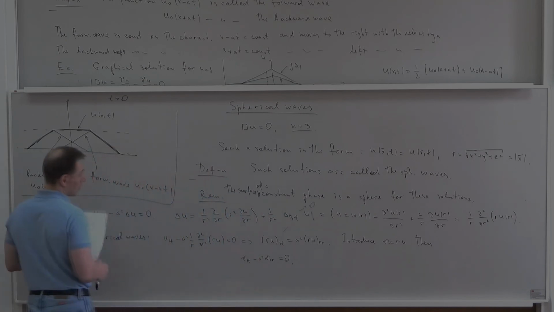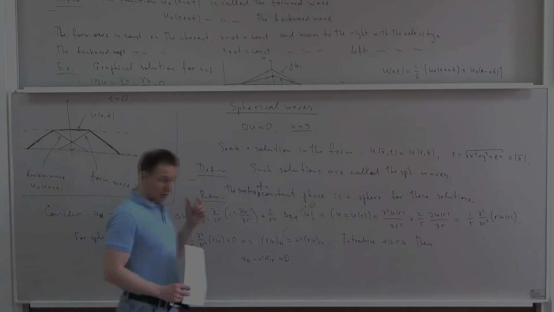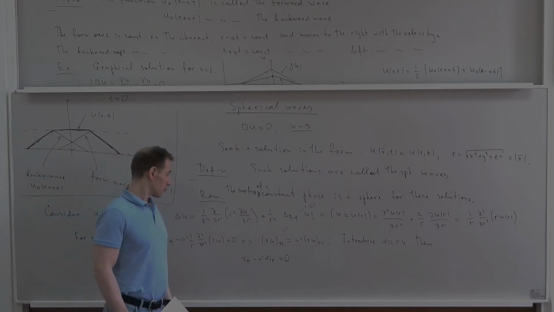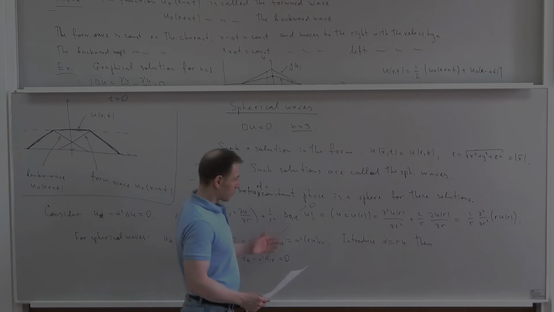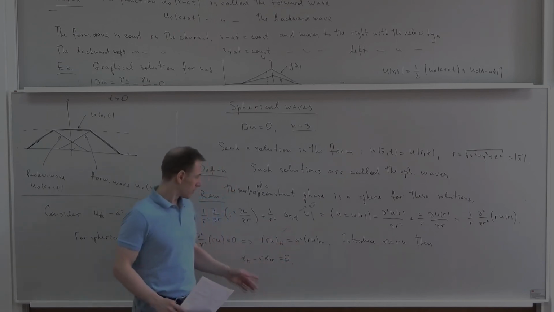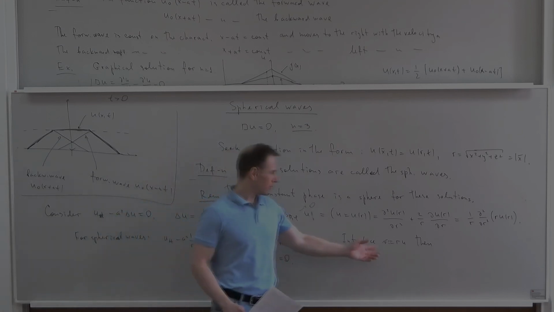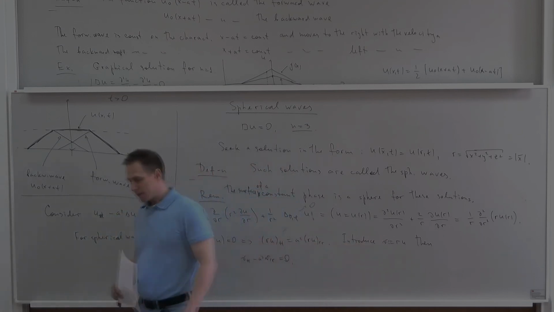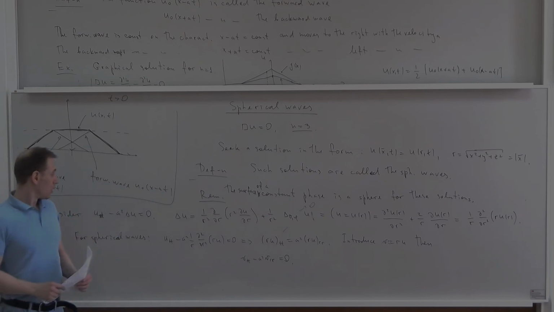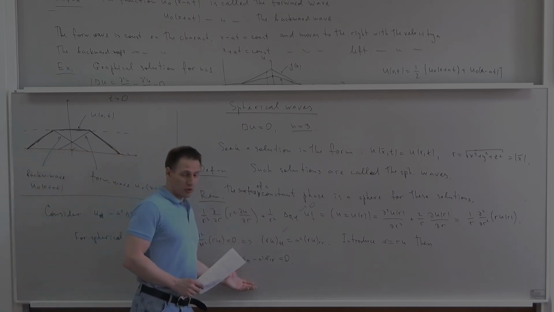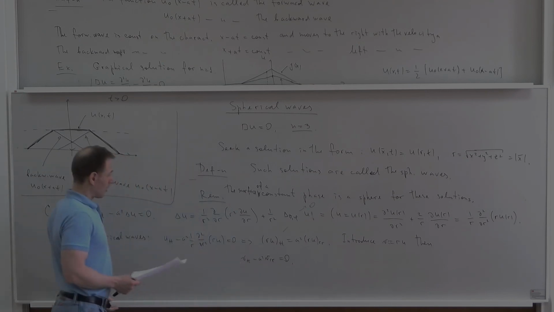Thus, we see that the spherical waves in 3 dimensions are described by the one-dimensional wave equation after introduction of suitable notation, we introduce v, which is r times u. Now we will find the general solution of this equation.